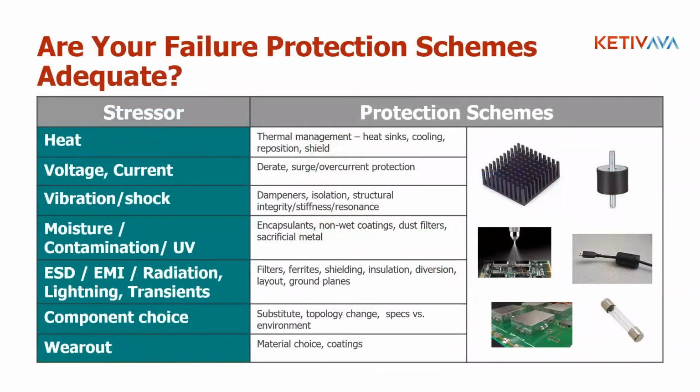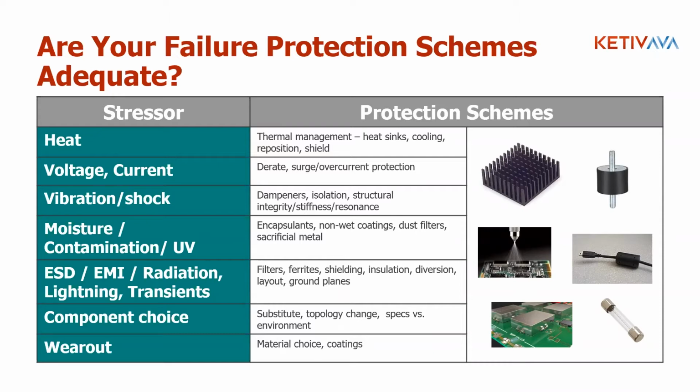And the ways we mitigate these failure modes is to somehow use protection schemes. And on this slide, I've listed a number of stressors, heat, voltage, current, etc. And then the typical ways that engineers protect against those failures. So on the heat side, we have thermal management. You use heat sinks to cool parts. You might shield parts from heat.